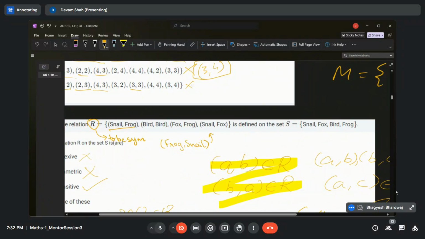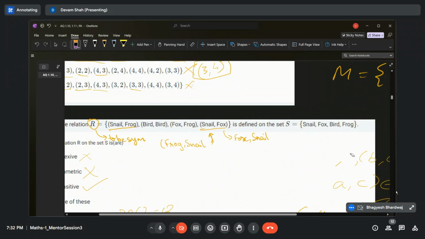But this is not present here, right? Snail, frog, bird, fox, frog, and snail, fox is there, right? This term is not there. For this term, there should be fox, comma, snail, right? But that is also not present, because of these terms not being present, R is not symmetric.